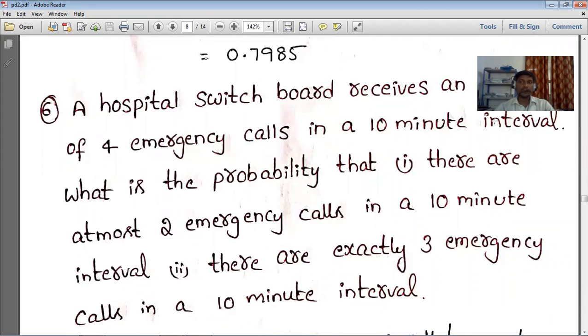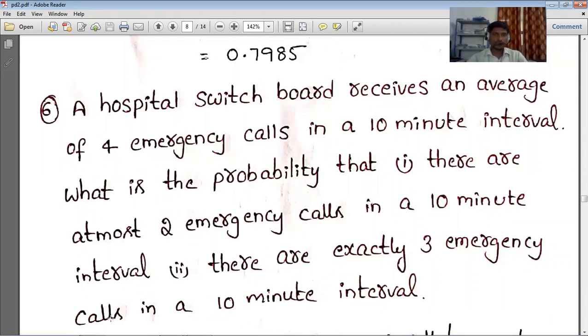Okay, so here, a hospital switchboard receives an average of 4 emergency calls in a 10-minute interval. We are discussing hospitals. Like if there is an accident, immediately we will call for an ambulance, or if anyone has a health problem, immediately we call an ambulance. So that information is given here.